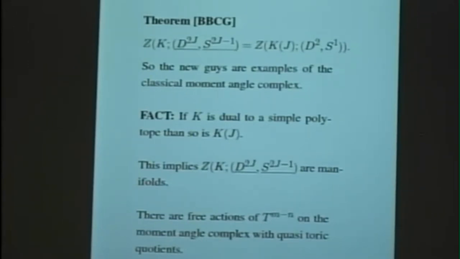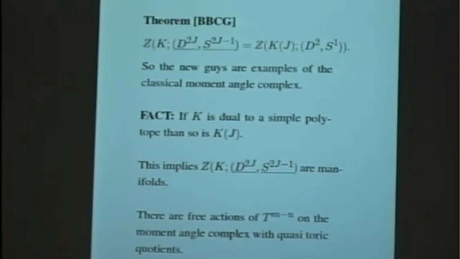Remember I mentioned that in Davis and Januszkiewicz's original constructions, if they have a simple polytope, they form the moment angle complex and have tori acting. They have tori acting freely on the moment angle complex, and the quotients give quasi-toric manifolds.